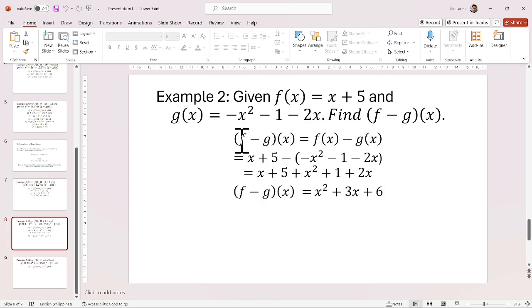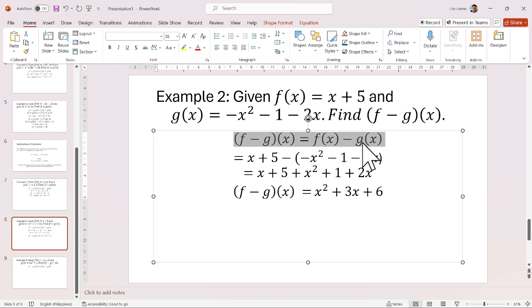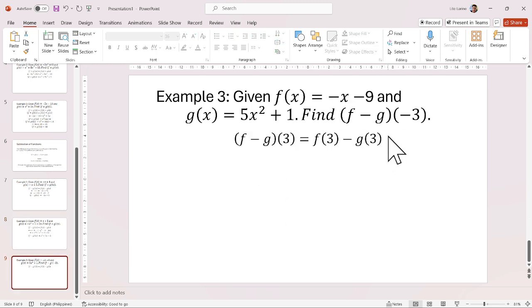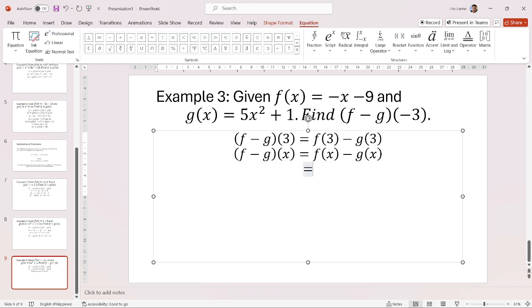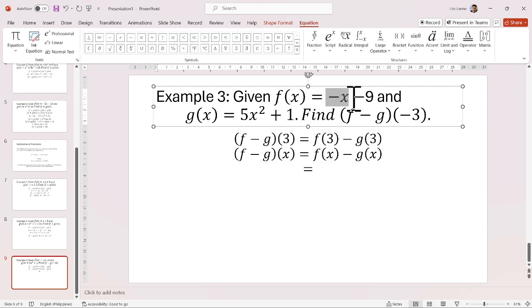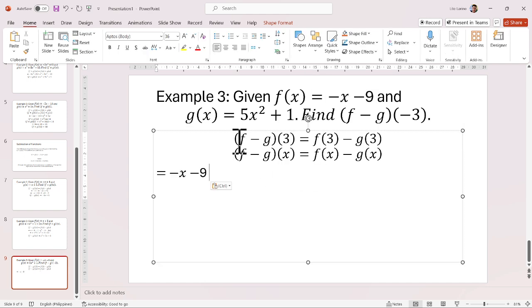Let me just copy this and put it here. So instead of doing that, we'll first find the difference of the two functions. And that is equal to, what is f of x? Negative x minus 9. Then, what is g of x?